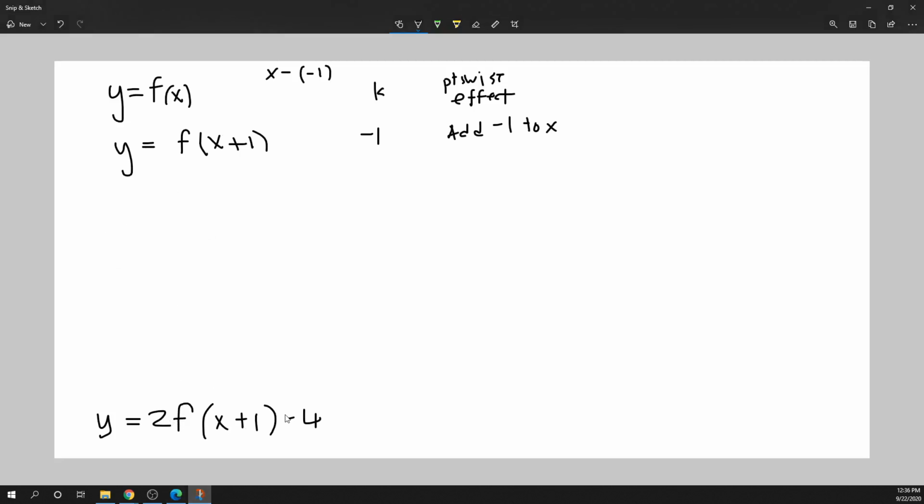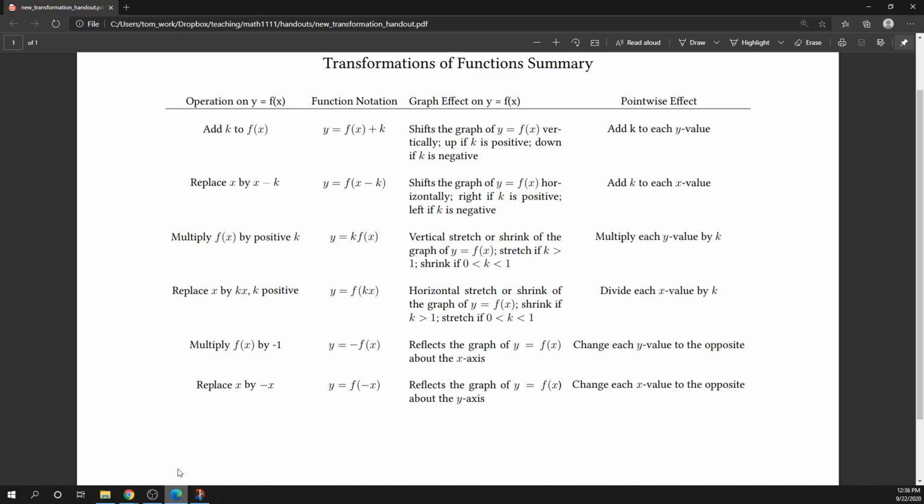Then between the 2 and the minus 4, I would definitely do the 2 first, for reasons I've mentioned in a previous video. It's just quicker that way, and you're less likely to make a mistake, in my opinion. So what I did was multiply the entire right-hand side by 2. That is this effect here, y equals k f of x: multiply your entire function by some positive number k.